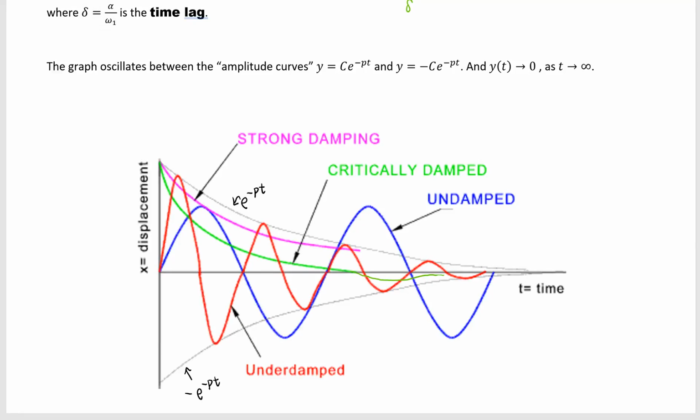Okay, so it's still going to 0 when t goes to infinity. And do you see the blue curve? The blue curve is undamped. So if it's undamped, then the amplitude will be constant. See? The amplitude here is C. That's constant. That's the undamped case.